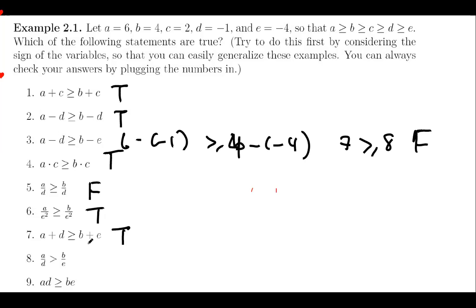So if you just want to double check and plug the stuff in, you can see that it doesn't actually work out to the right answer since we get -6 is greater than, I believe, -1, which is false. And same thing for AD is greater than or equal to BE. Since the numbers are negative, the statement is not true. So this one is also false.